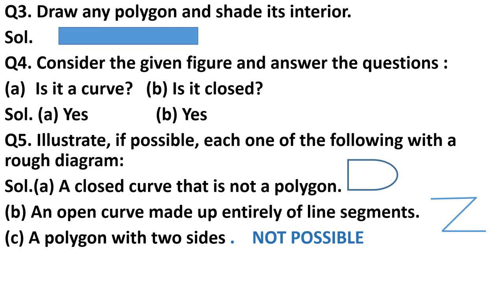And for a polygon, the figure must be a simple closed curve made entirely of line segments. So for a polygon we want a closed curve, and with two sides we cannot make any closed figure. So it is impossible to make a polygon with two sides.